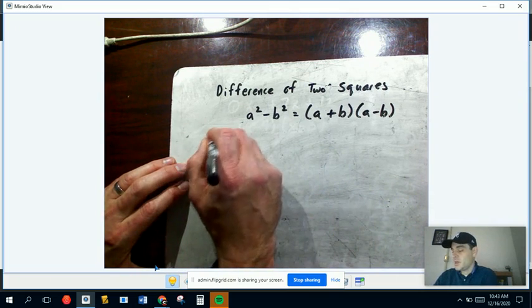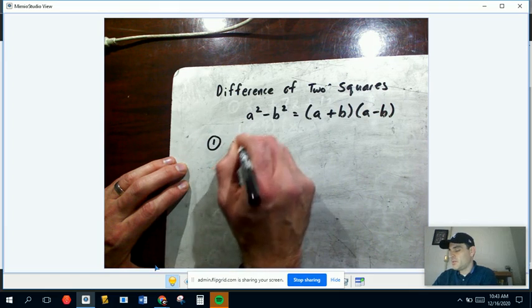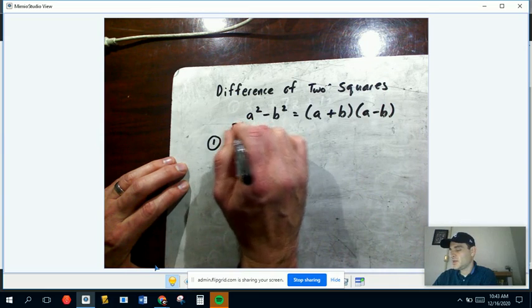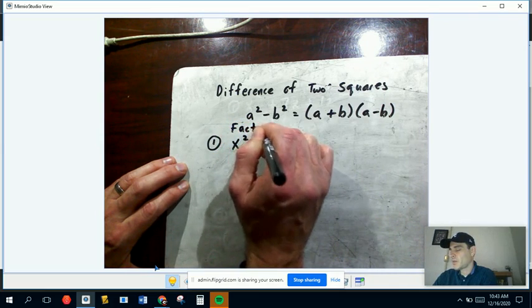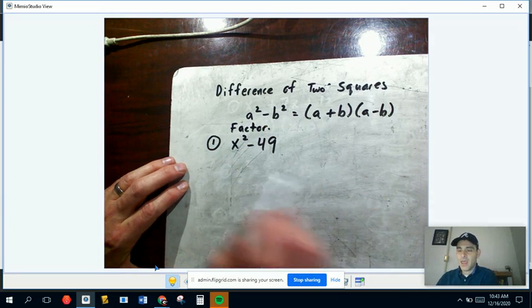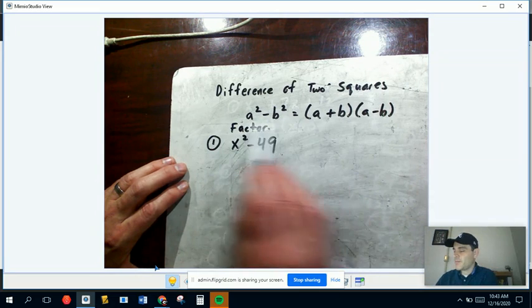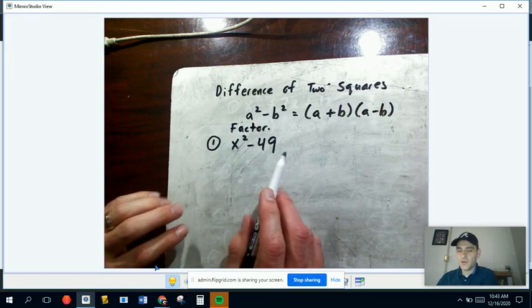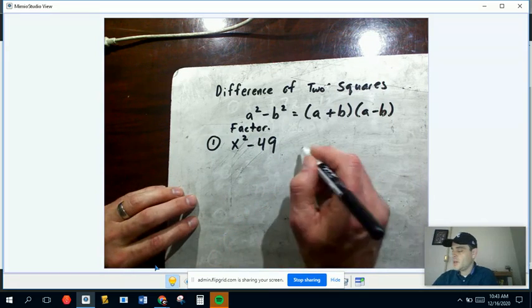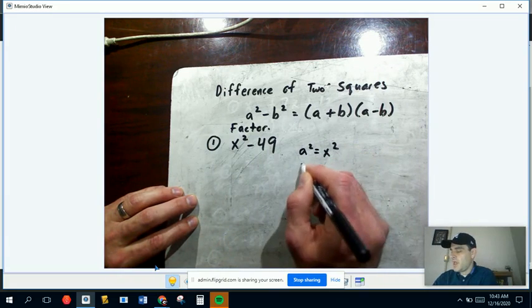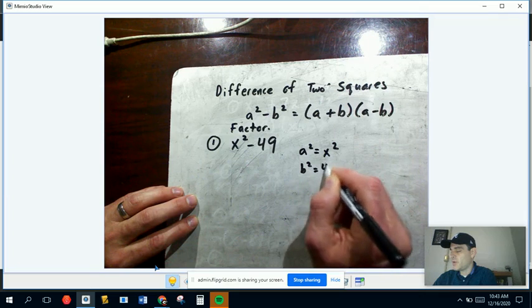Okay, so I'm going to start with a simple one, x squared minus 49, and our instructions here are to factor. Now in this case, if you're looking at this example, a squared minus b squared, I'll show little notes on this one that ordinarily people don't show. A squared is like your x squared, and b squared is like your 49.